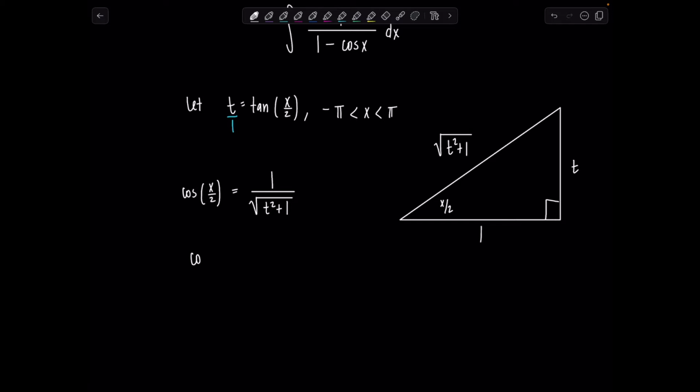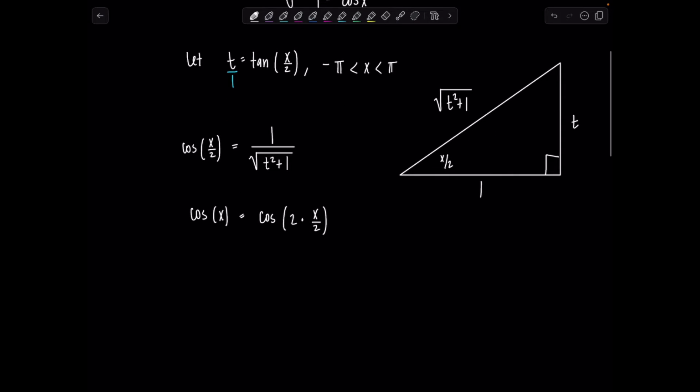So we're just going to use a double angle identity. So cosine of x is cosine of 2 times x over 2. Yes? Very good. So then we have 3 versions of our cosine double angle identity. I'm going to use the one that only involves cosine. So I can replace that with 2 cosine squared x over 2 minus 1.